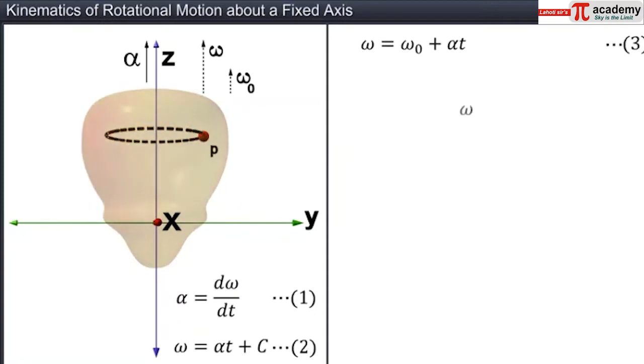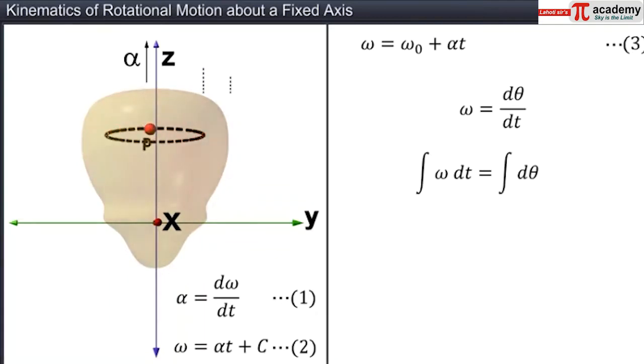But we know that omega is equal to d theta by dt. On integrating this equation, we get integral omega dt is equal to integral d theta. If the angular displacement of the body is changed from theta naught to theta in t seconds, integral omega dt from 0 to t is equal to integral d theta from theta naught to theta.